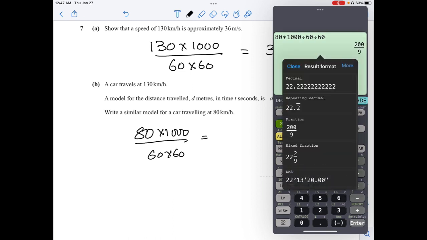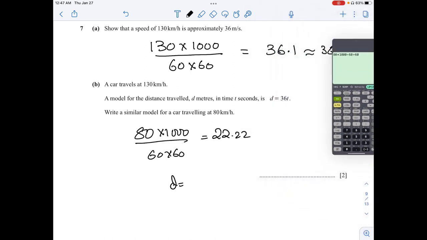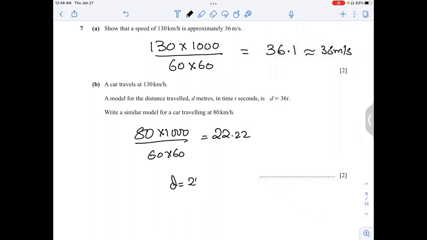That should give you some 22.22. So d is equal to 22t.